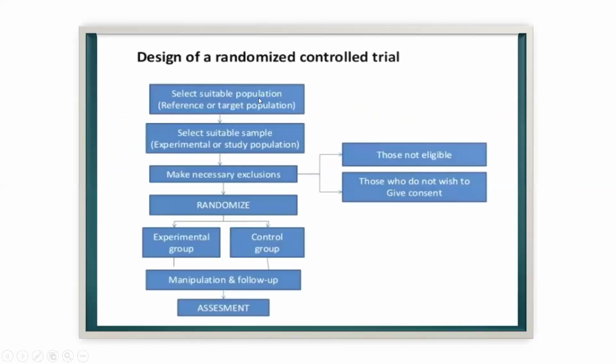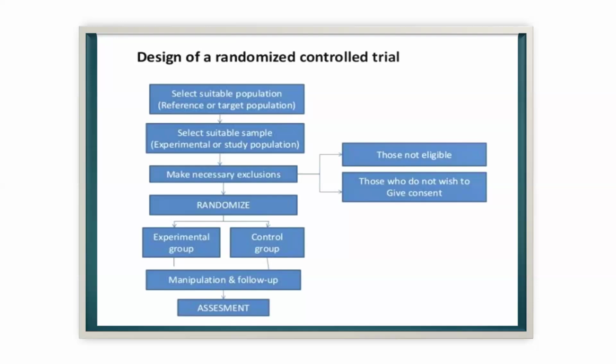Select the suitable population and suitable sample. When you select the population and sample, the characteristics of inclusion criteria should be properly made, and make necessary exclusions. You should be very clear about the inclusion criteria and exclusion criteria, and after that only it can be randomized.